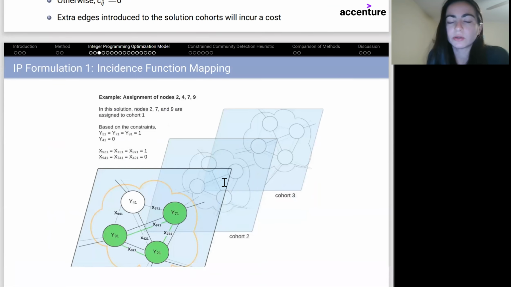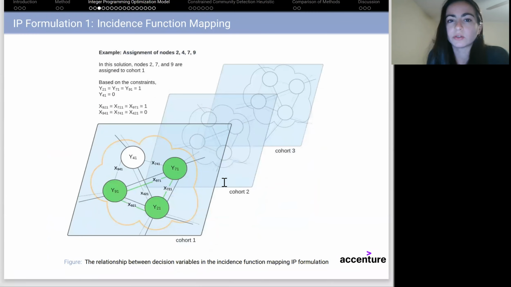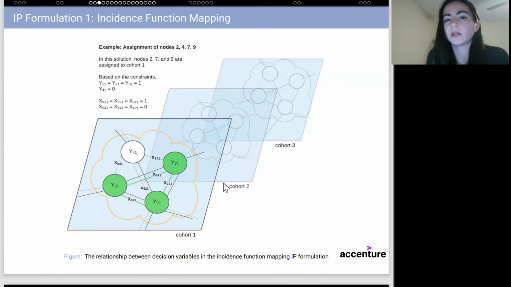So now we're going to move on to our first formulation, and this formulation is based on really the definition of incidence function mapping. So with an integer program, mixed integer program, we need linear constraints and an objective.